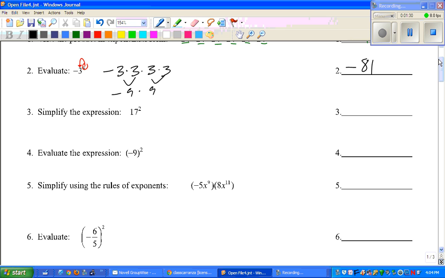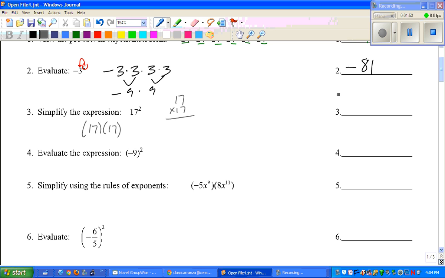All right, number 3, simplify the following expression, 17 squared. Now remember that this is saying 17 times 17, not 17 times 2. Okay, if you have your multiplication chart, you can look it up right away. If you've memorized your perfect squares, you should know this right away.